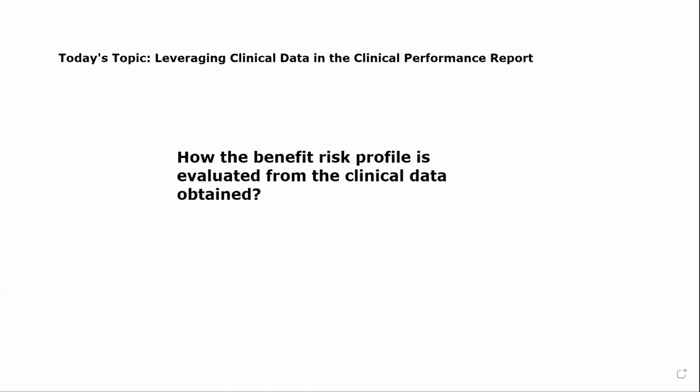Your device may not be the most sensitive available, but if it's a point of care device and it can be used in resource poor settings, that's a benefit. So it comes down to making the case, but also showing that the bar that you've set was set objectively, that you are collecting your data objectively, and that you've done a thorough assessment of all of the clinical data that's out there.